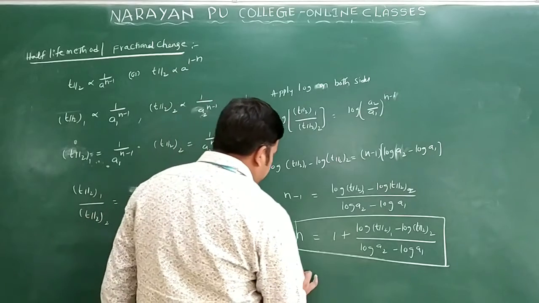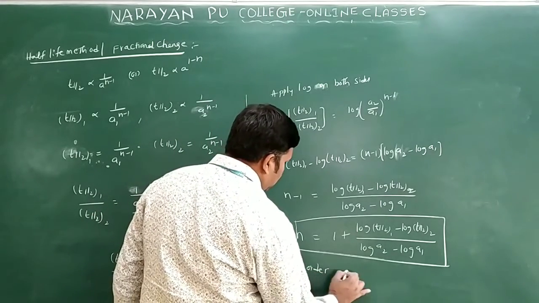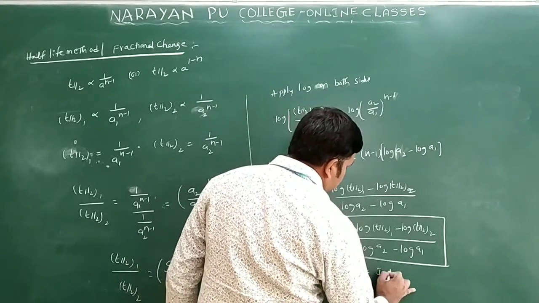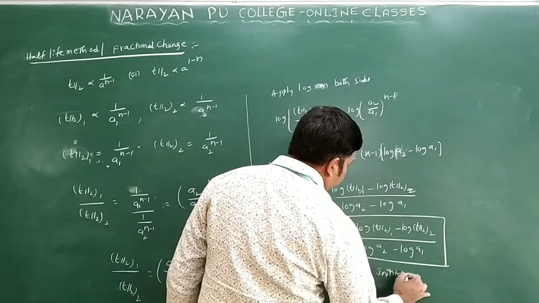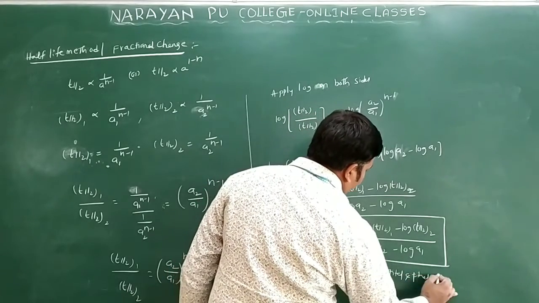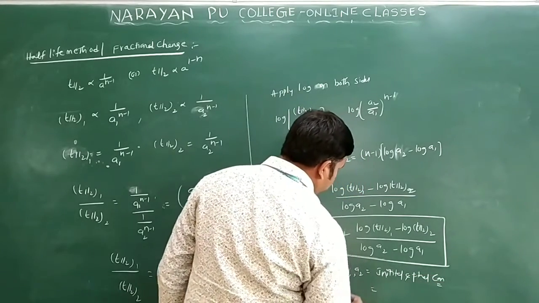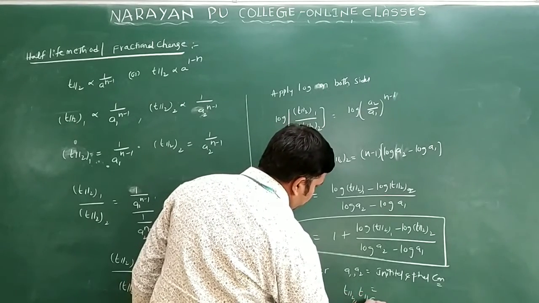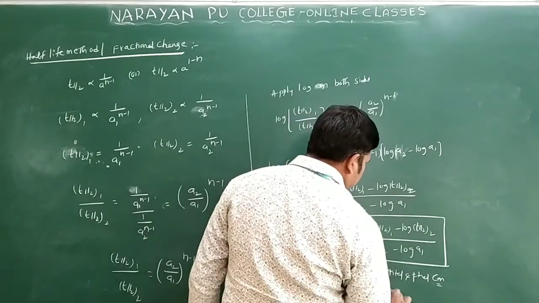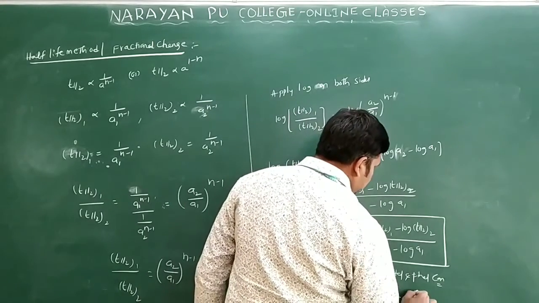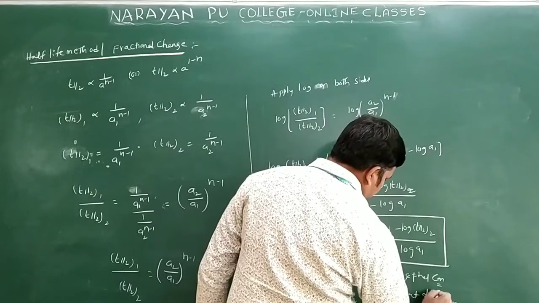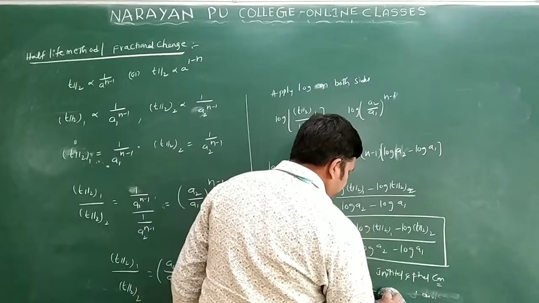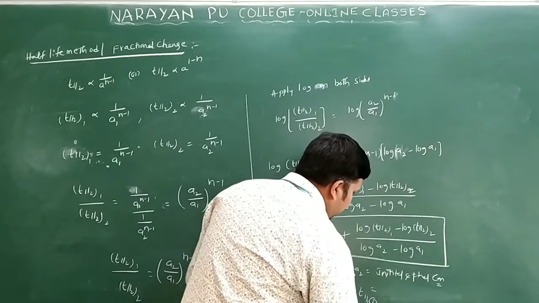So n is the order, A1 and A2 are the initial and final concentrations, and t1 half and t2 half are the initial and final times.